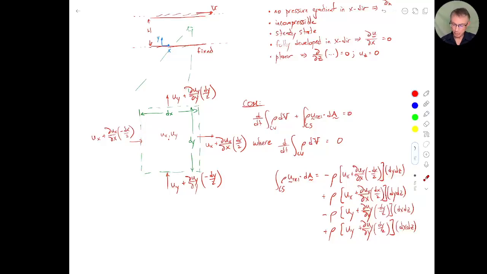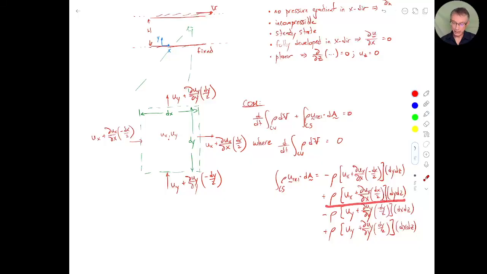And when I do this dot product here, you'll see that I end up with a negative, and that's because the velocity is pointing that way, but the outward pointing normal vector for the area is pointing in the opposite direction. So when I do this dot product, I get the negative. Okay, so that's where that negative comes from.